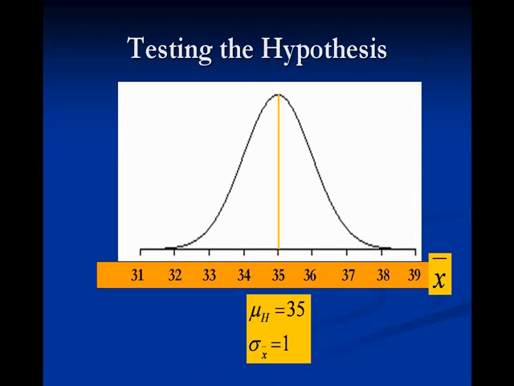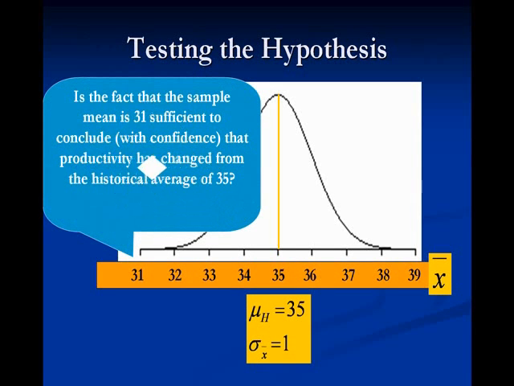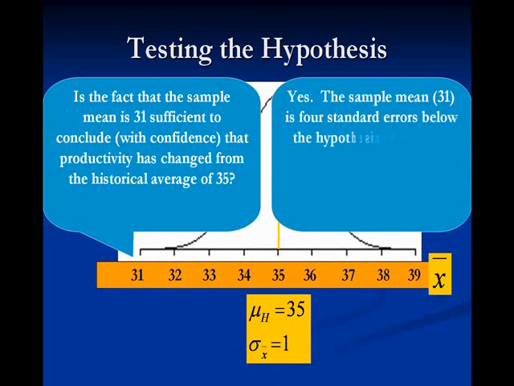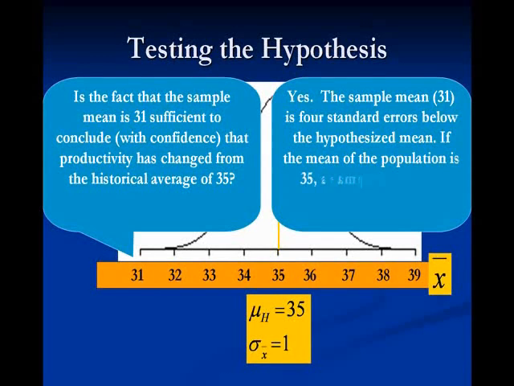Okay, so to test the hypothesis, we had a sample mean of 31. Is the fact that that sample mean is 31 sufficient to conclude or to be confident that the productivity has changed from that historical average of 35? The answer is yes. That 31 is 4 standard errors below the hypothesized mean.